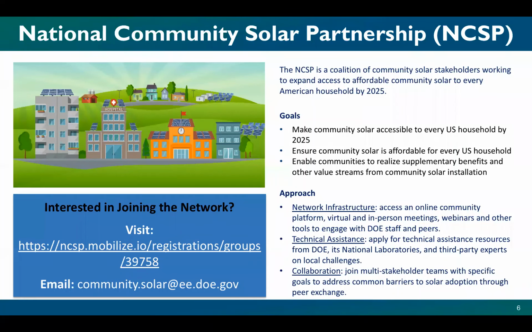And then finally, there will be some collaboratives, which will be multi-stakeholder teams with specific goals to address common barriers to solar adoption through a peer exchange. On that point, please take advantage of the network and the peer exchange aspect of the partnership, because these are other folks who are doing similar work and facing similar challenges. I think that reaching out to the other partners is going to be a very valuable part of the partnership.